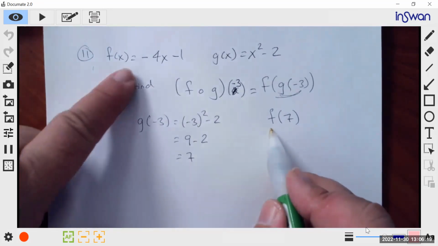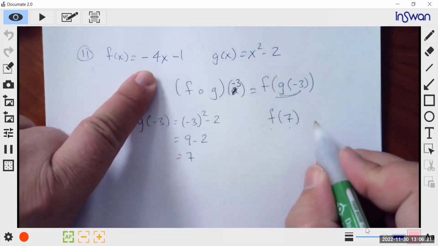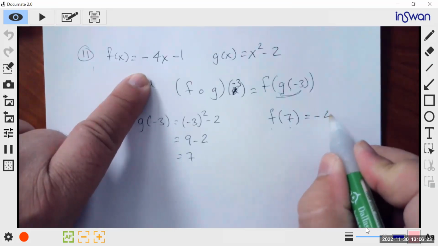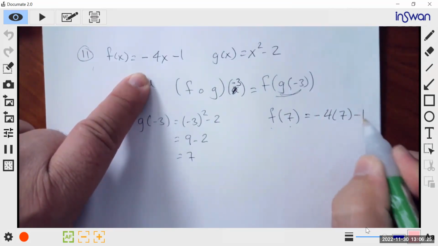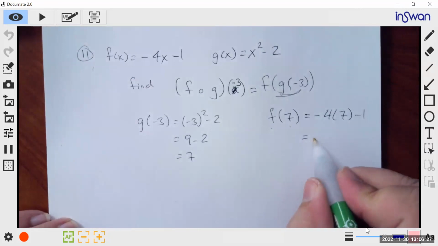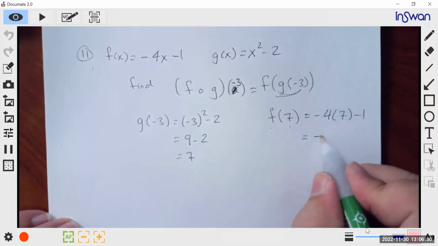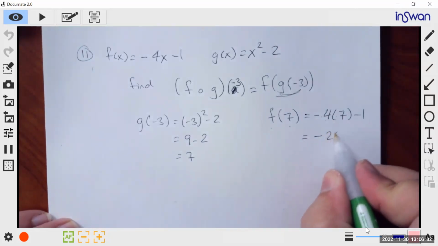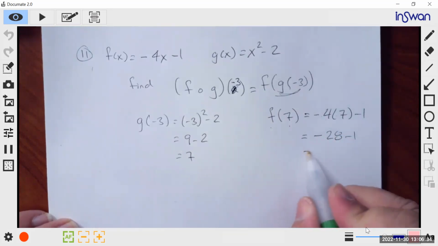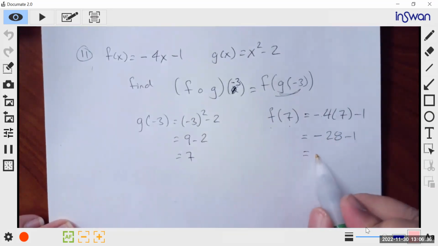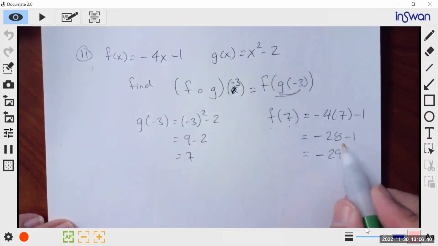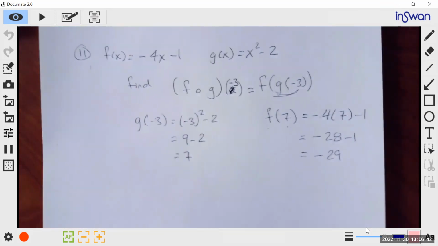So we go to f, anywhere we see x, we put a 7 in its place. Negative 4 times 7 minus 1. Negative times positive is negative. 4 times 7 is 28. They're both negative. 28 plus 1 is 29. Because they're both negative, you add them.